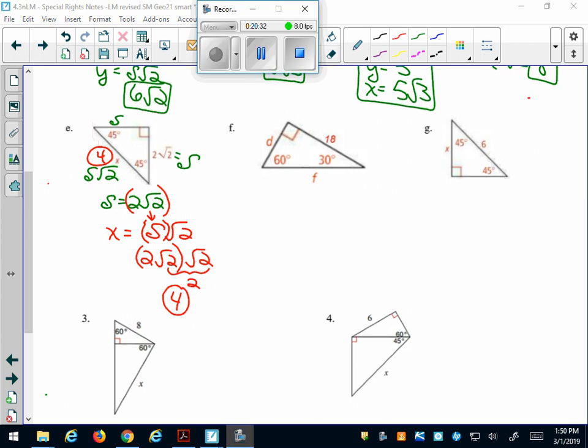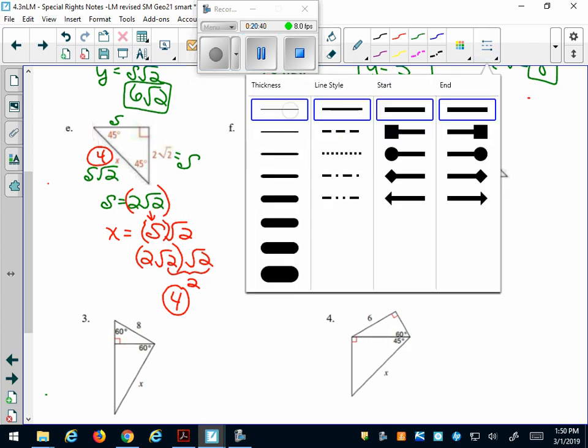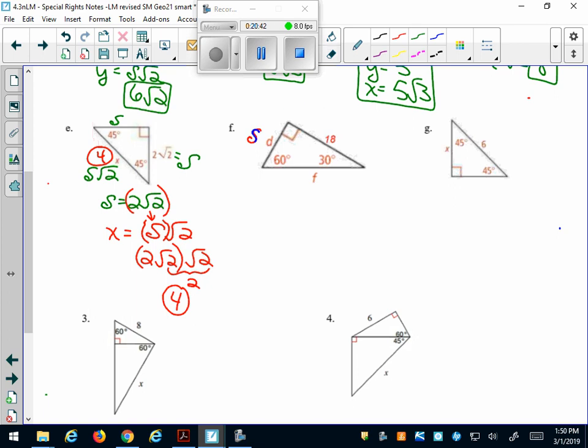Okay, so let's look at F. Side across from 30 is S. Side across from 90 is 2S. Side across from 60 is S root 3.